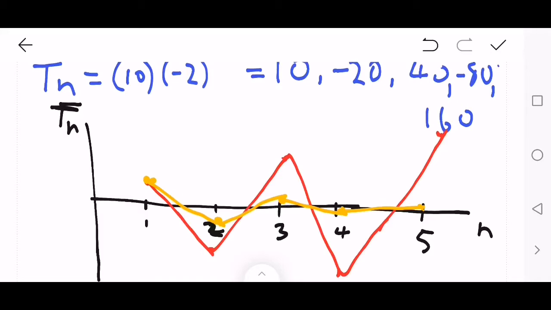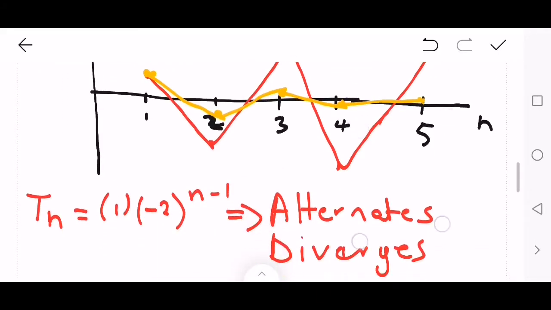So for this one, we can see that the sequence alternates, but however it reduces as n goes to infinity, or as n increases, and this is called convergence.